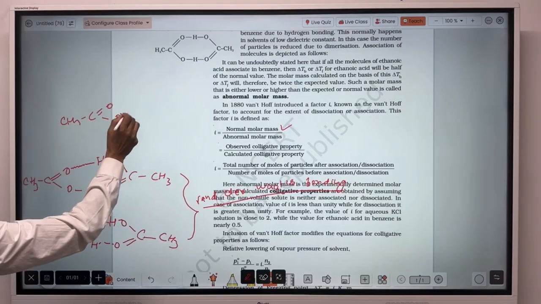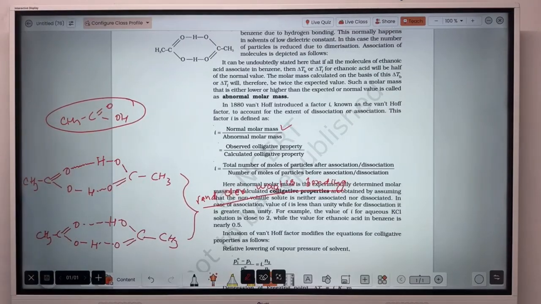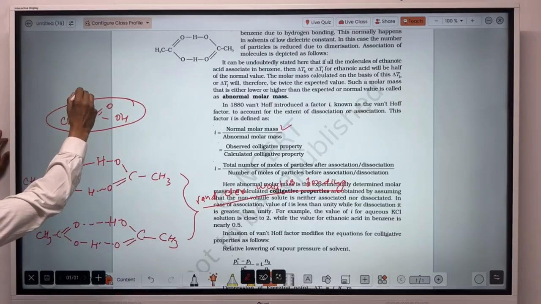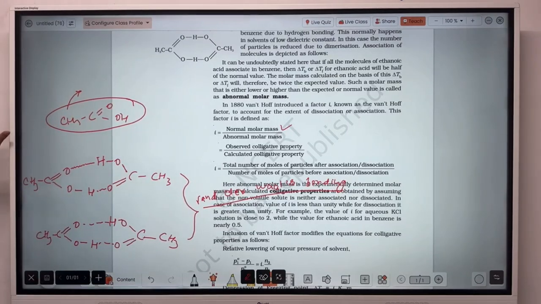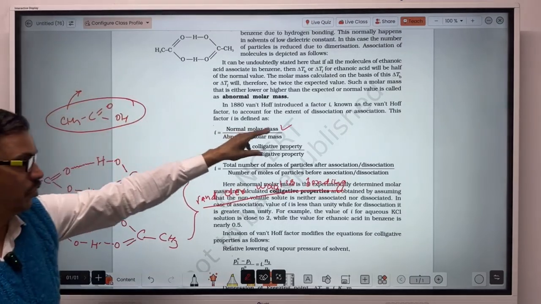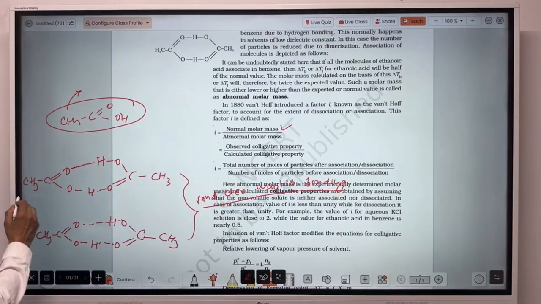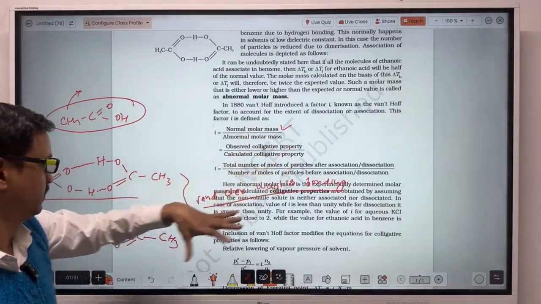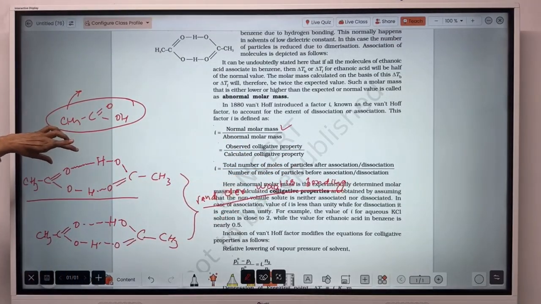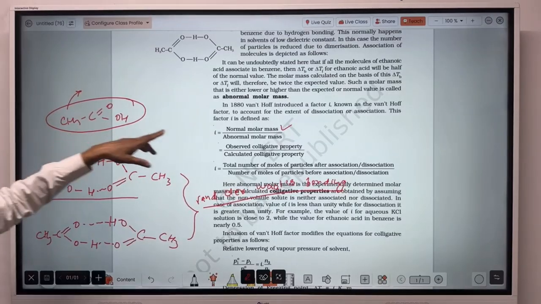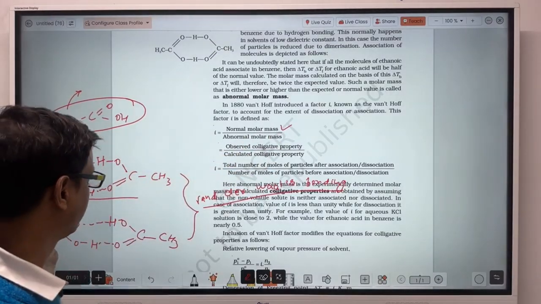When you calculate the molar mass of this acetic acid, that is the normal molar mass, and this one is the abnormal molar mass. This one is not a molecule, so it is abnormal molar mass.